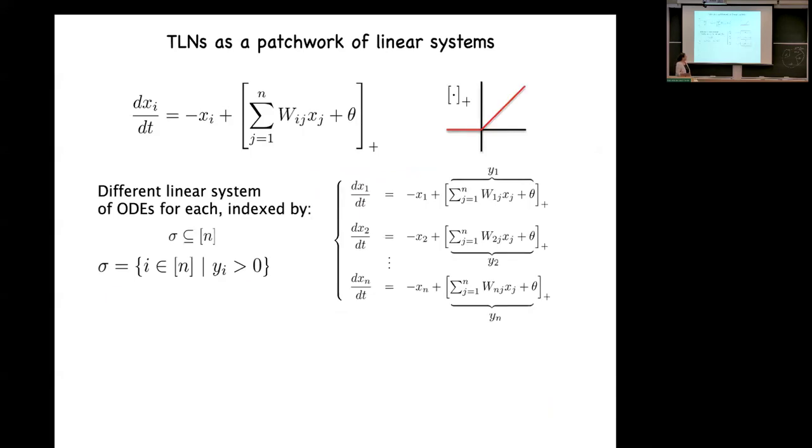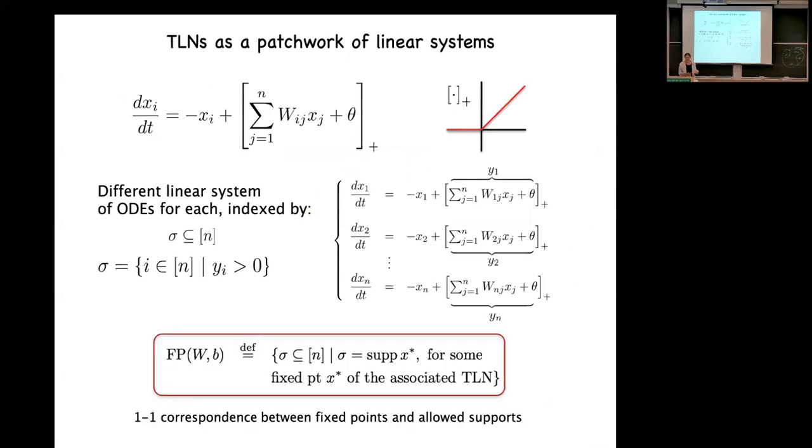Part of the reason these networks are so mathematically tractable is because we can really think of them as a patchwork of linear systems. I want to encourage you to really pay attention to what's happening inside the nonlinearity. So you flip from the plus to the minus side, right? When the argument flips from plus to minus, that's happening along a hyperplane.